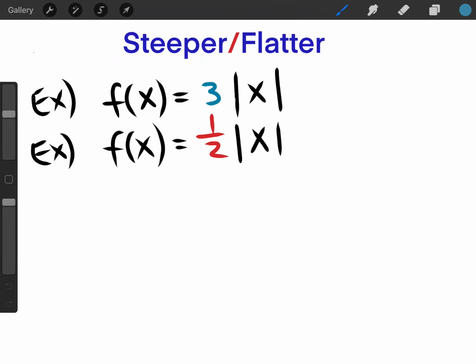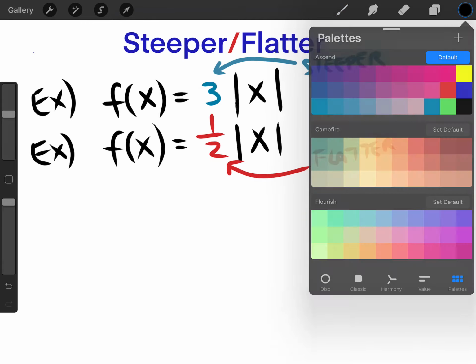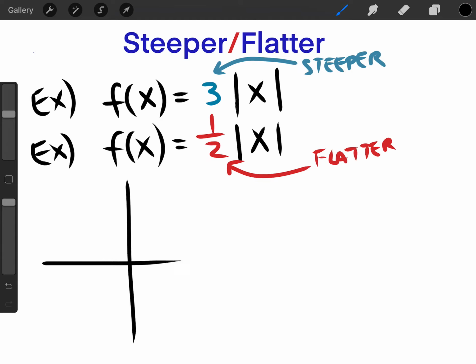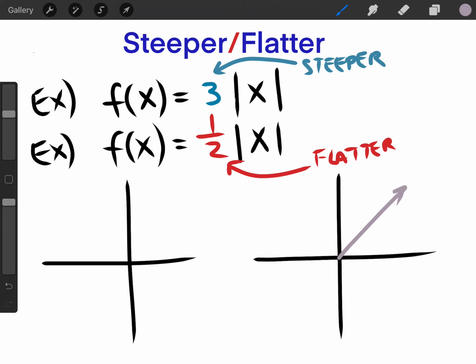So now let's look at some examples. Look at this one. Level 3 is going to be steeper. If you look at level 1/2, it's going to be flatter. Good habit: you're going to draw the regular size V. This is your parent function.